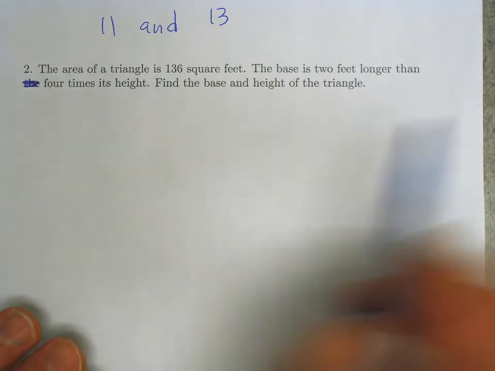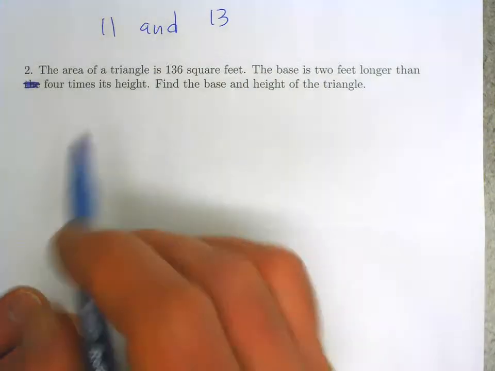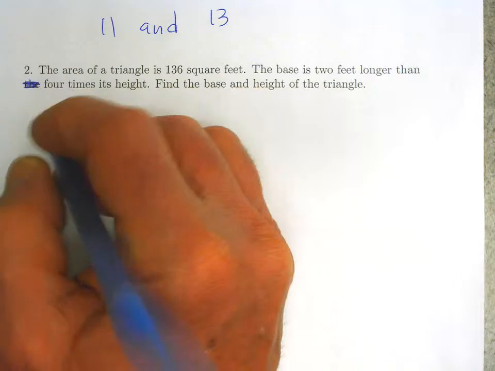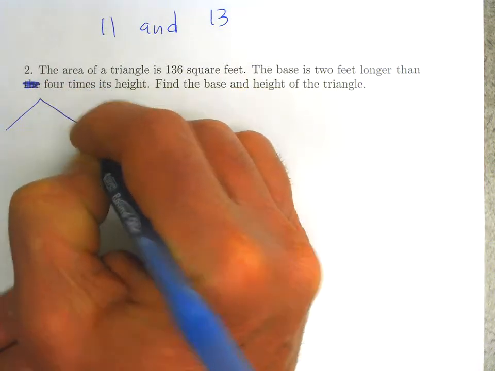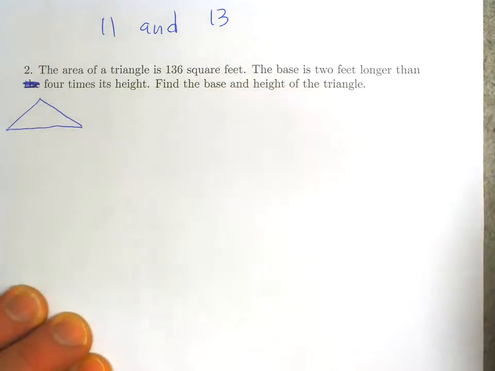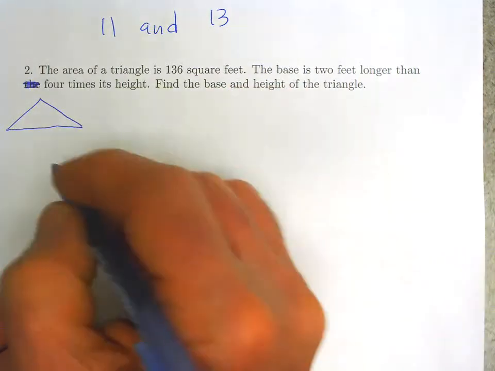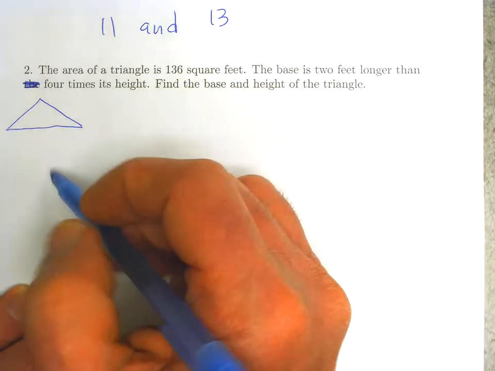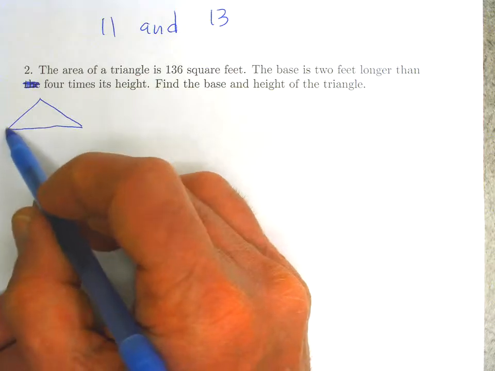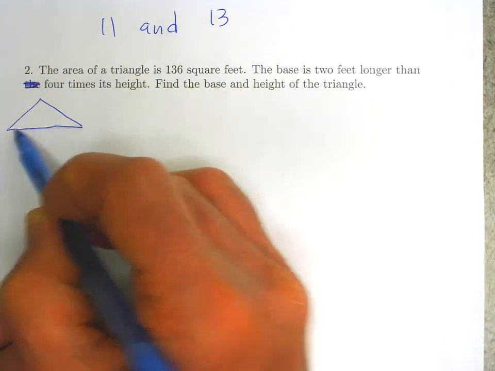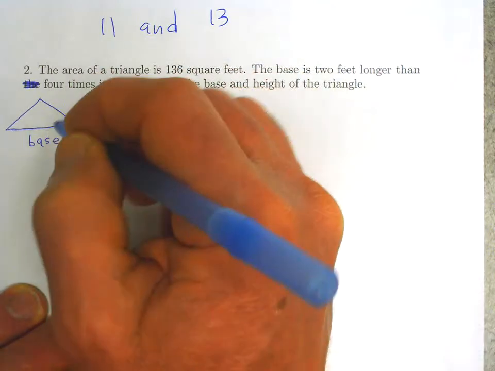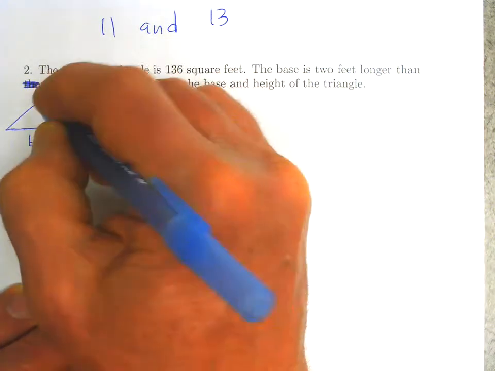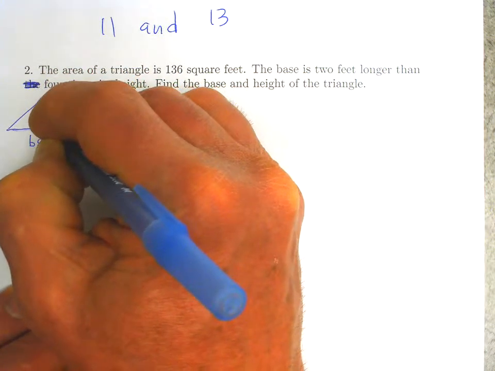Okay, what you need to know going into this problem is that the area of a triangle, so I'll just draw a random triangle. For any triangle, we can pick any one of the 3 sides to be the base, and then corresponding to a base is what is called the height.